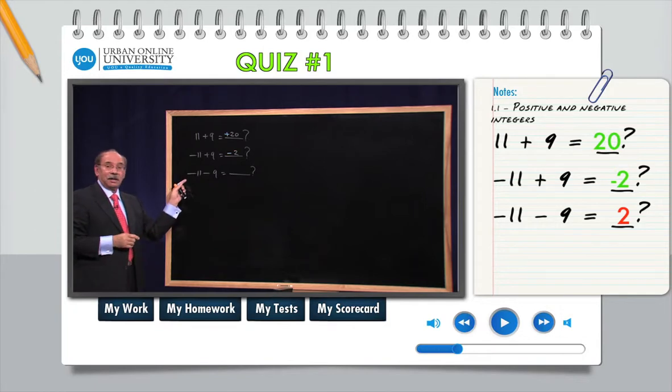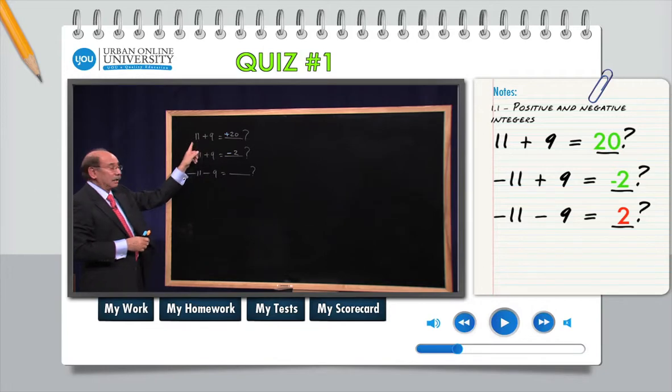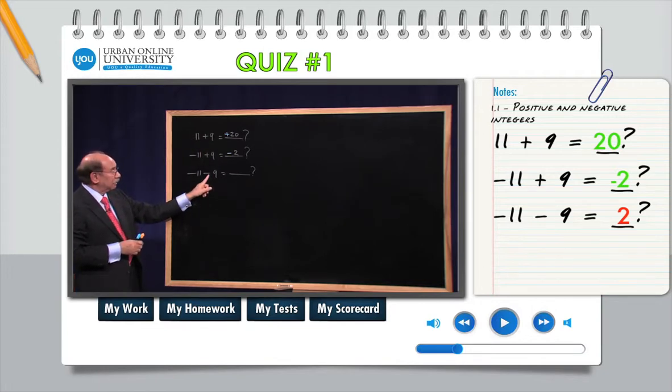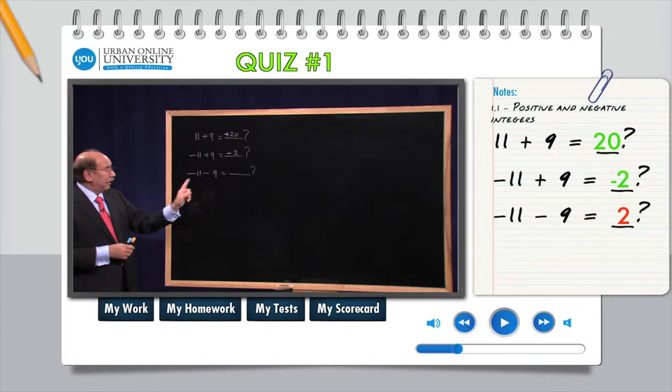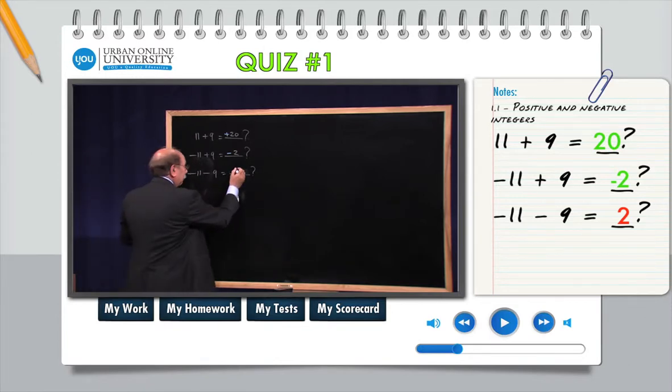Question number 3, be very, very careful, because this is where students make mistakes. Let's apply rule number 1 again. Here and here, these two numbers have the same sign, negative, negative. So the rule says add the two numbers, 9 plus 11, and that makes it 20.